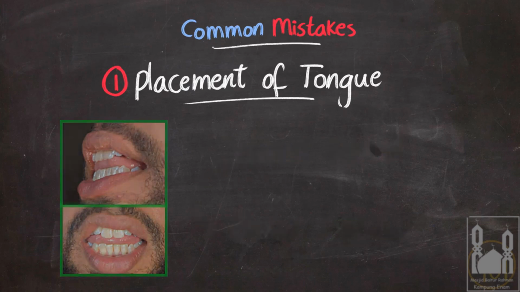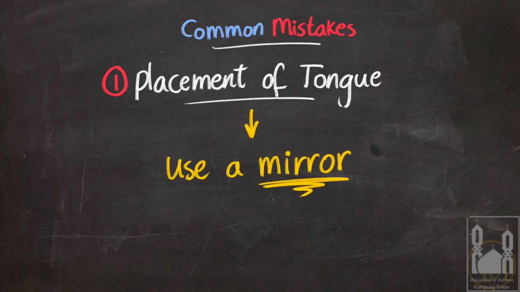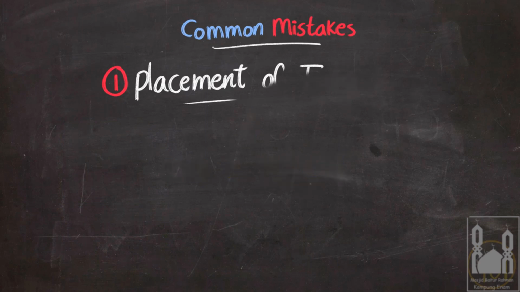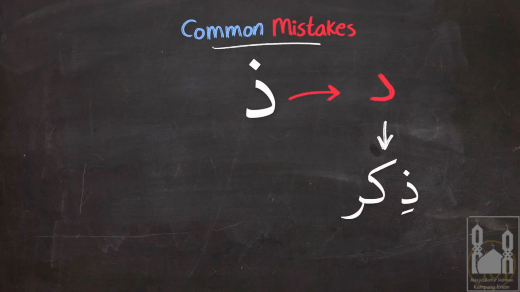An easy trick that you can apply to make sure that you're doing it right is by looking into a mirror to see if your placement is proper. The second mistake is pronouncing dhal as dal. So, for example, saying dhikr as dikr with da sound.